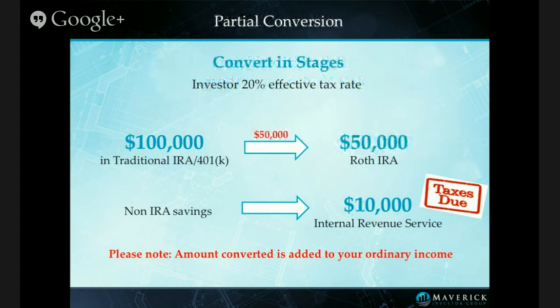Most investors will actually take that $20,000 out of their savings as opposed to having it withheld out of the account. Now, if you don't want to get hit with such a big tax burden, you can do a partial conversion. Which means that you are in stages converting that account over. So in this example here, you see this person only wanted to convert $50,000, so they're only adding $50,000 to their taxable income for the year. At 20%, that's $10,000.